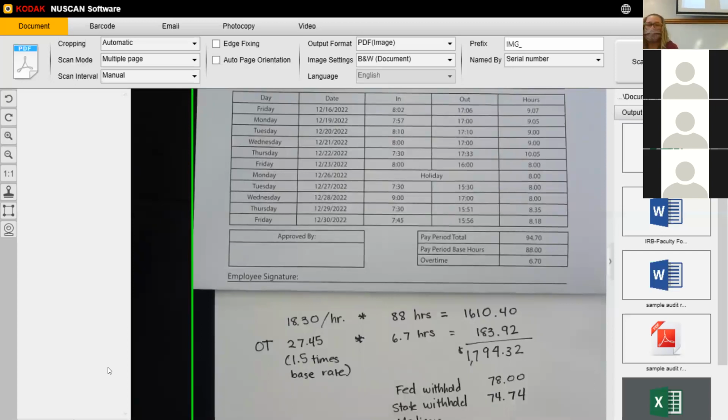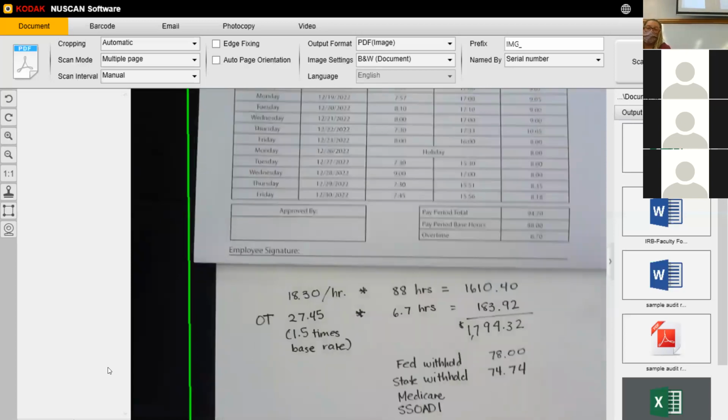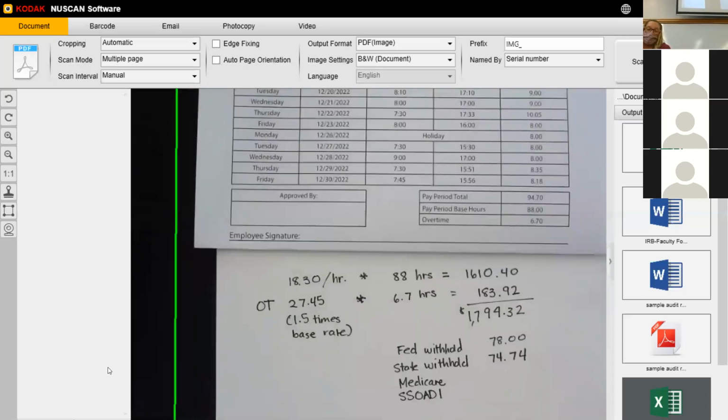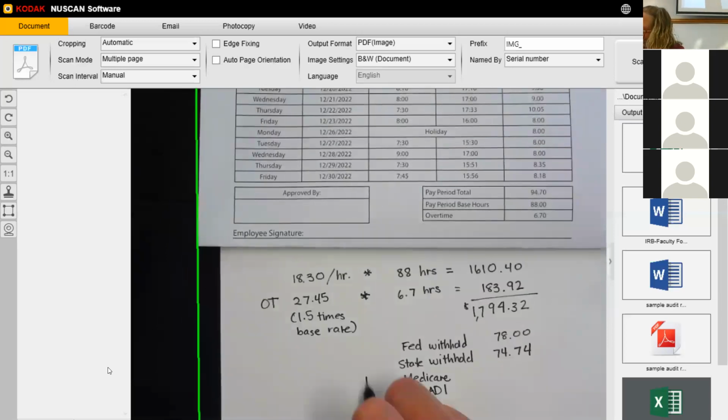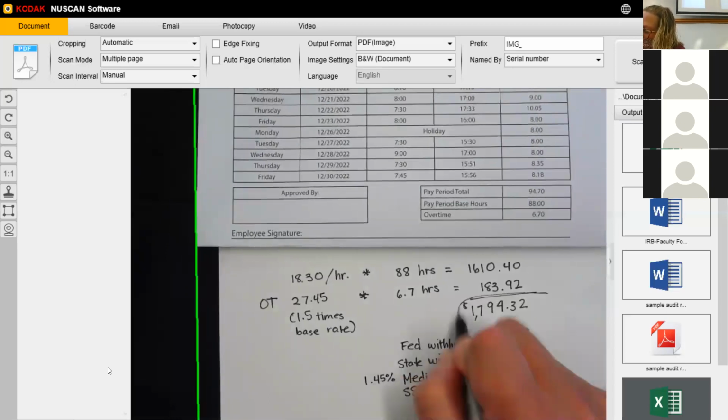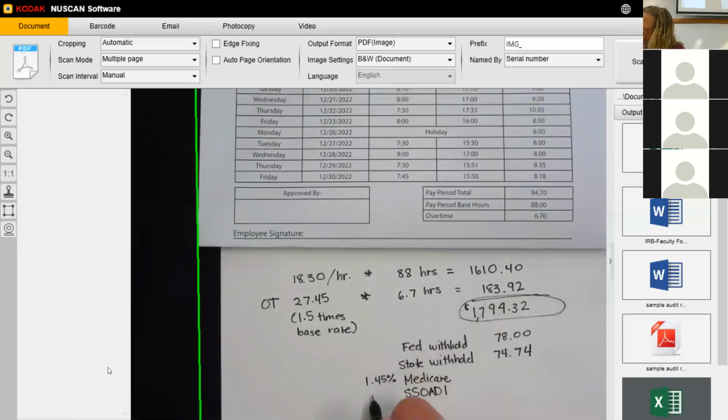Her Social Security and old age and disability insurance. So this is based on 1.45% of her gross, which is this. And her Social Security and old age and disability insurance is based on 6.2% of her gross.